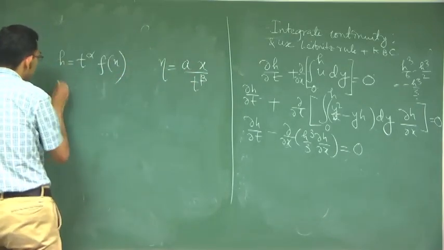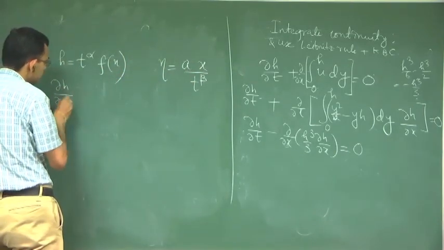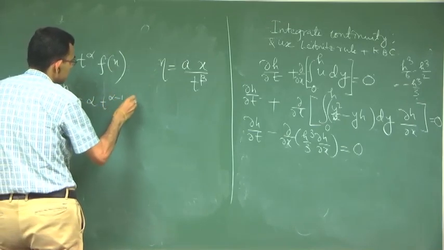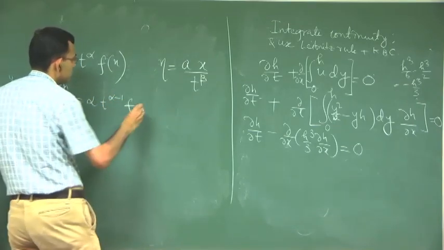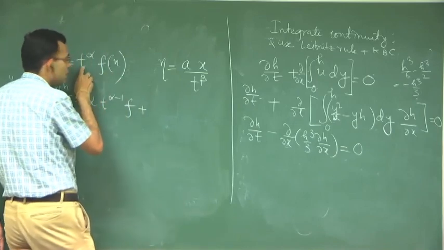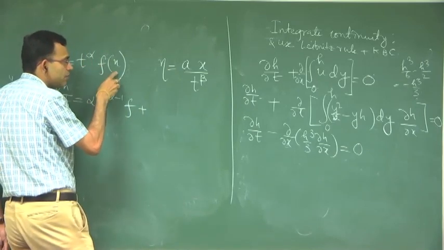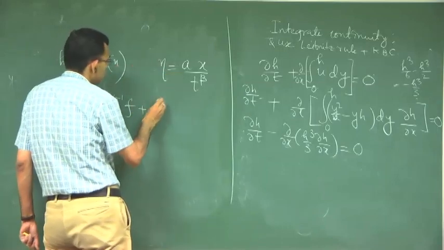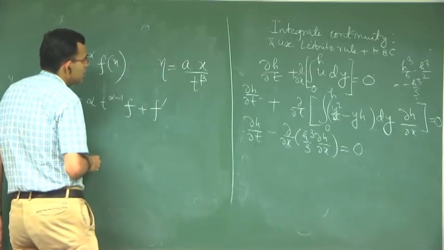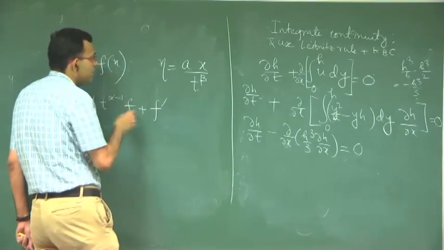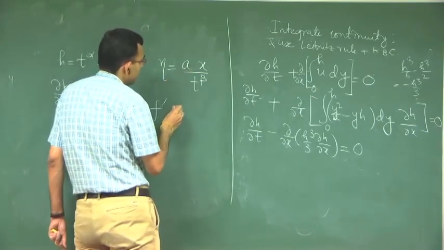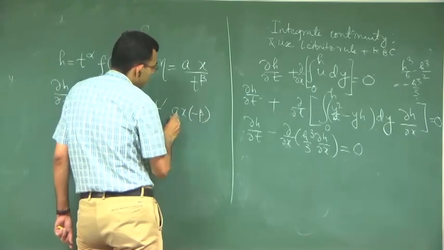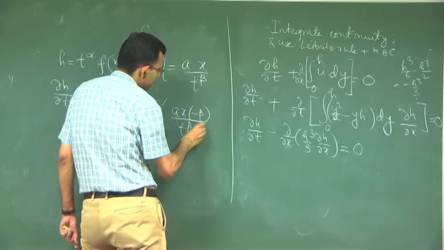So, del h del t, so this is a function of t directly, this is a function of t implicitly, because eta is a function of t. So, df d eta, this is a function of eta only, into del eta del t. So, a x minus beta t to the power this.